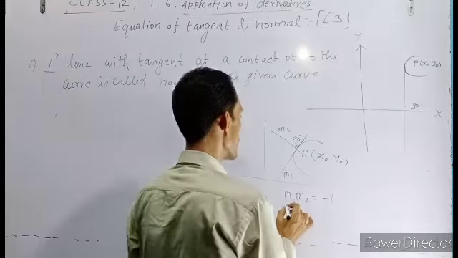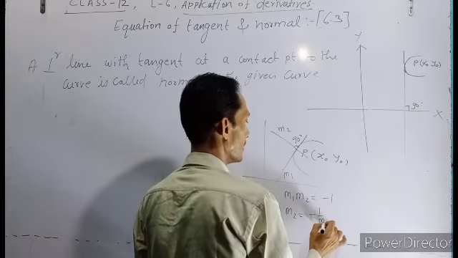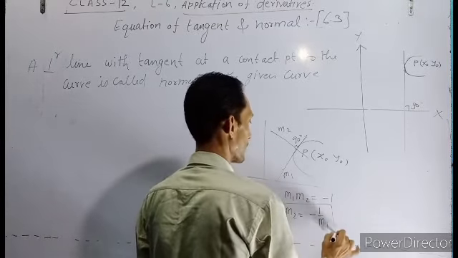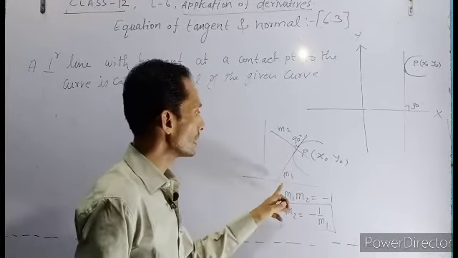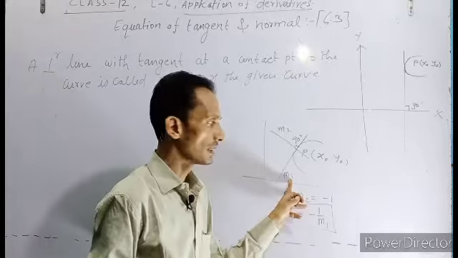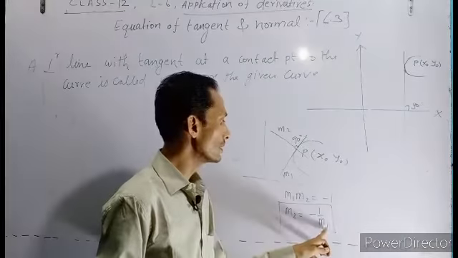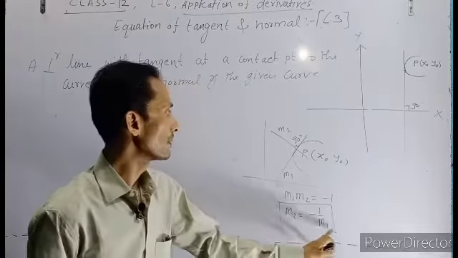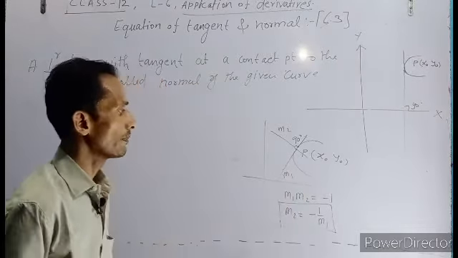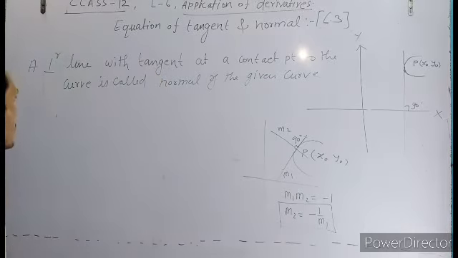In other words, m2 equals -1 upon m1. If you know the slope of the tangent, then you can find the slope of the normal with its help, and we can find the equation of normal.